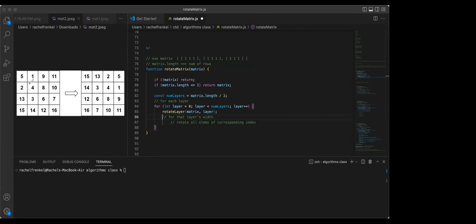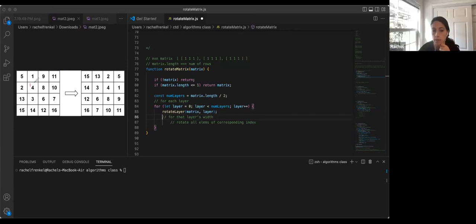Starting at 1, 1. It's going to start at 1, 1. Exactly. And it's going to end where? Yeah, 1, 2. So the length of it is going to be 2. Right?